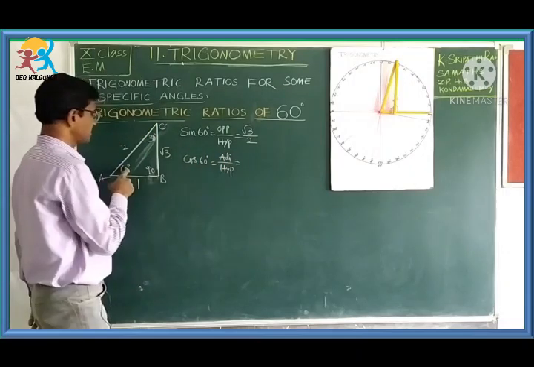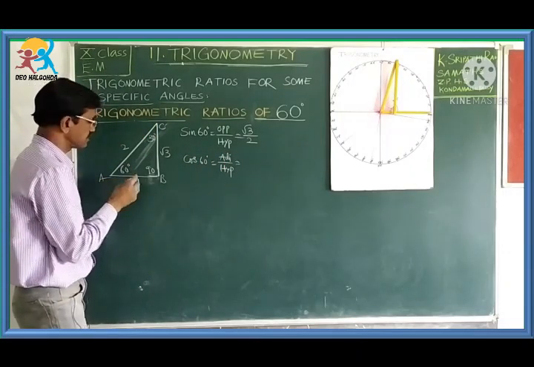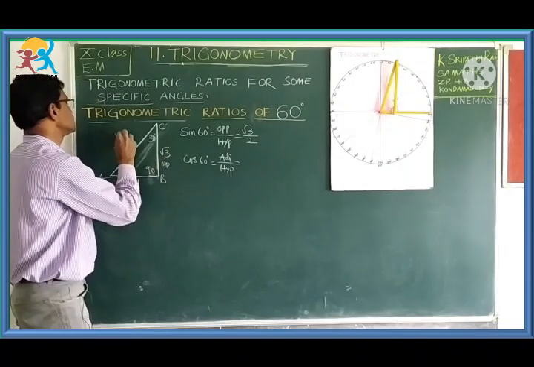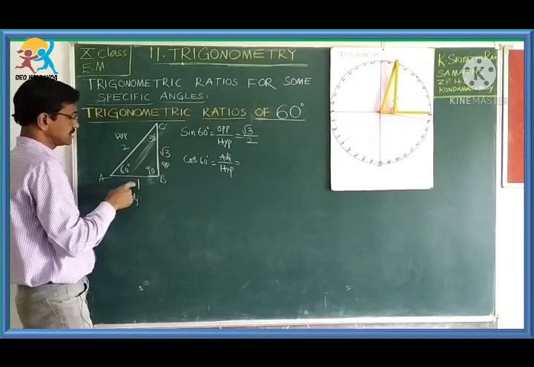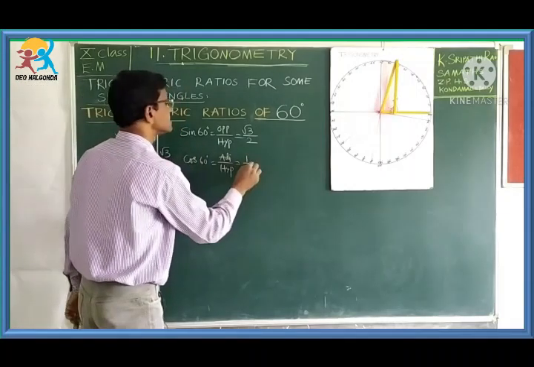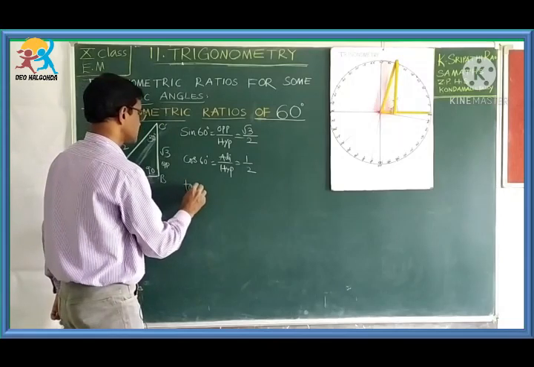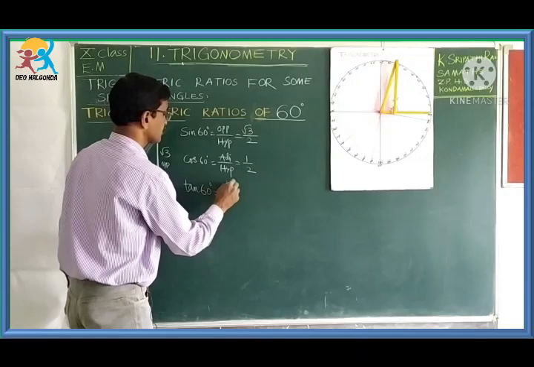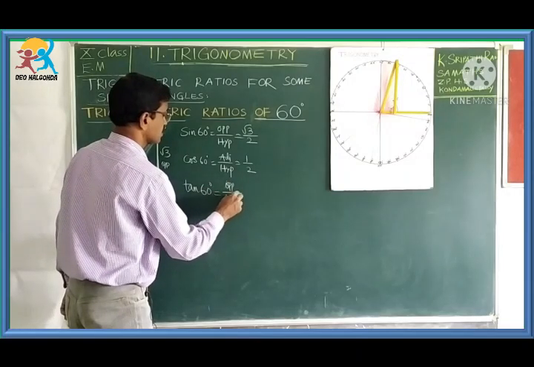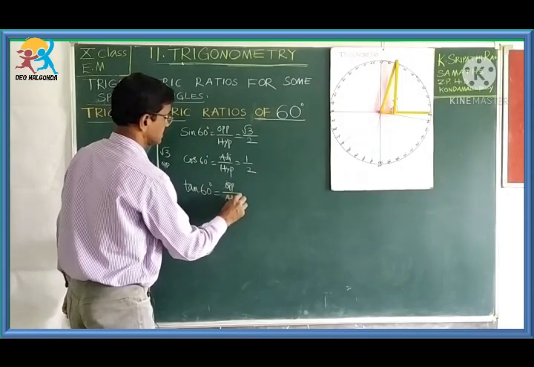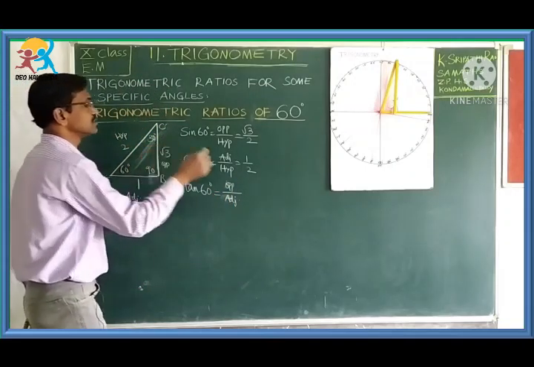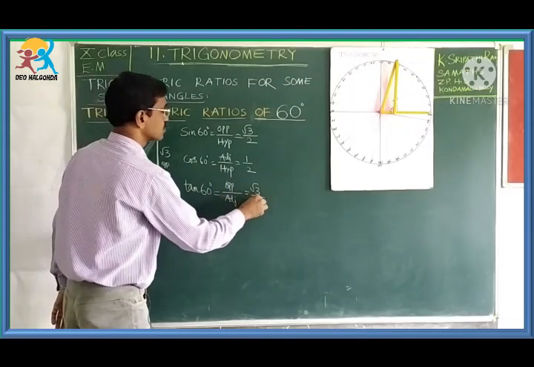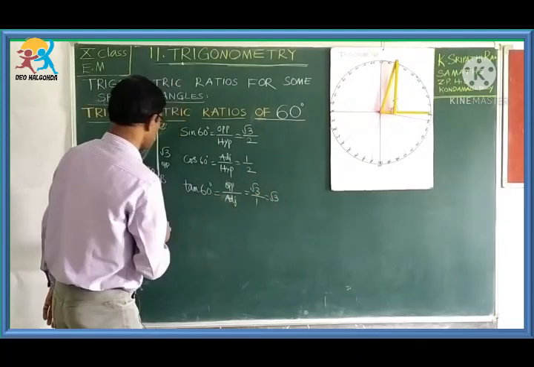Adjacent side to 60 degrees is 1 and hypotenuse is 2. Then tan 60 degrees is opposite side by adjacent side, root 3 by 1, that is equal to root 3.